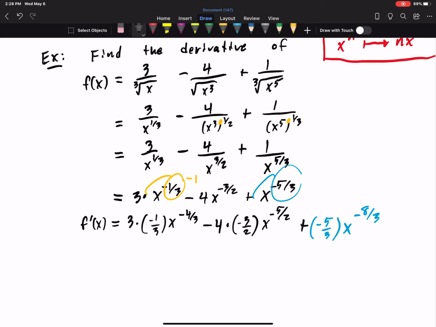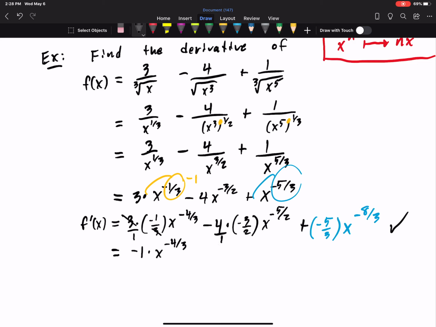Now, at this point, you can say, hey, we're done, kind of, sort of, with a wobbly check mark because we're not certain, because you found a derivative. Now the rest is just algebraic simplification. So now notice that we're multiplying fractions. So we have 3 over 1 times minus 1 over 3. The 3's cancel out, leaving you with just minus 1 times x to the minus 4/3, because nothing changes about that.